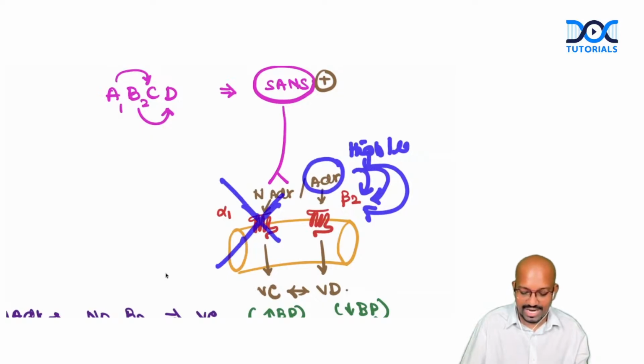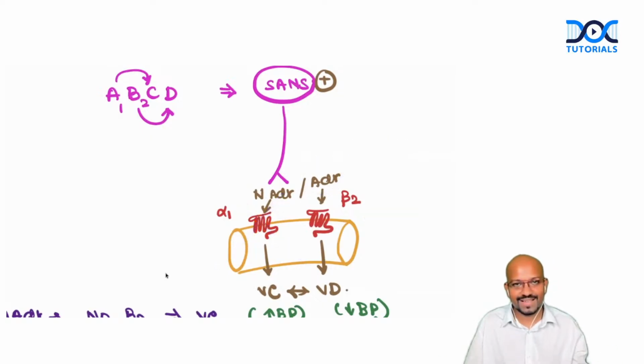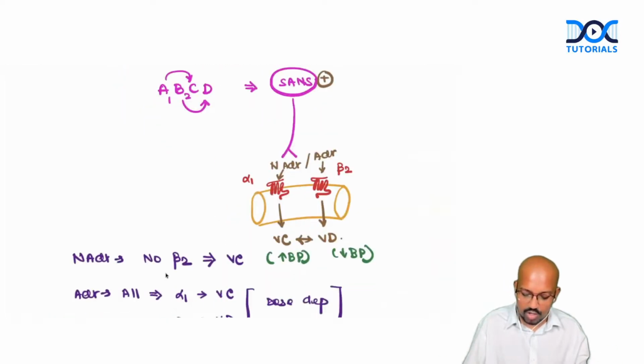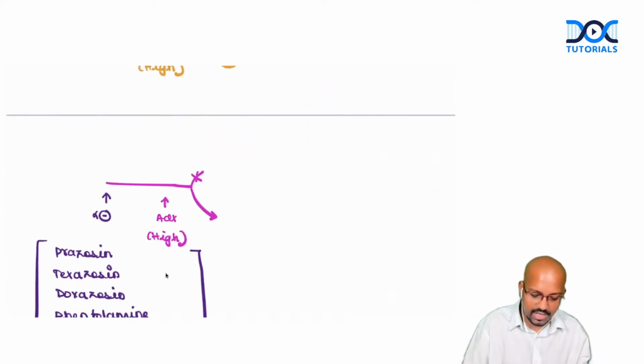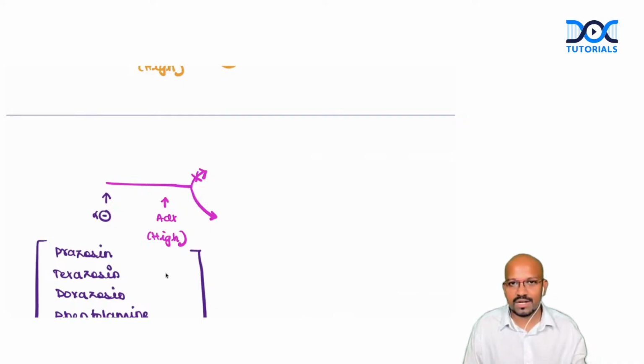Why? Because the alpha receptors are blocked. That's the reason why when a patient is already under an alpha blocker therapy and your patient is landing up in anaphylactic shock or any other shock and you administer adrenaline for the patient, instead of an increase in the blood pressure, there will be a decrease in the blood pressure. 80-50 was the presenting blood pressure.